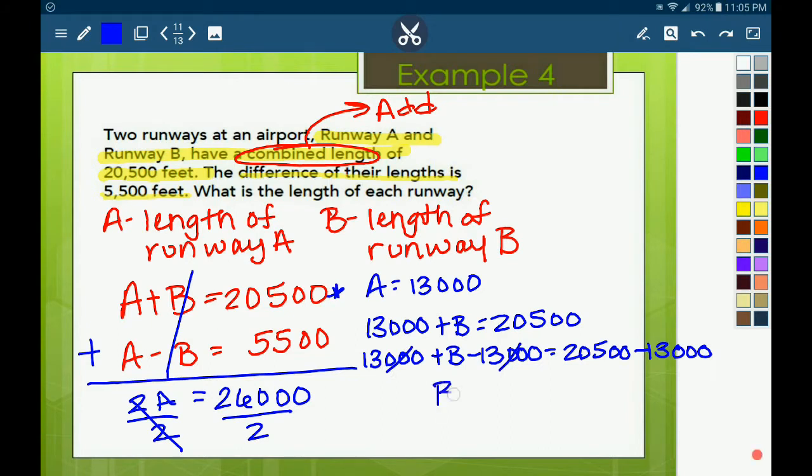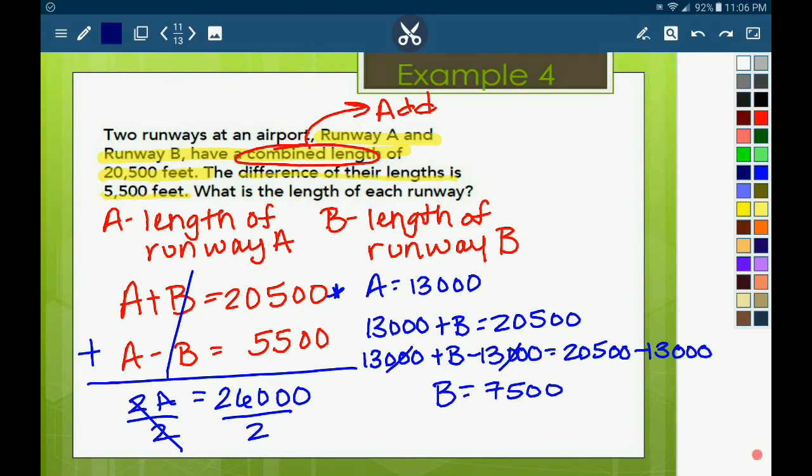We get B is equal to 20,500 minus 13,000. That's going to be 7,500. So now I should always make sure I answer the real life question with a real life answer.